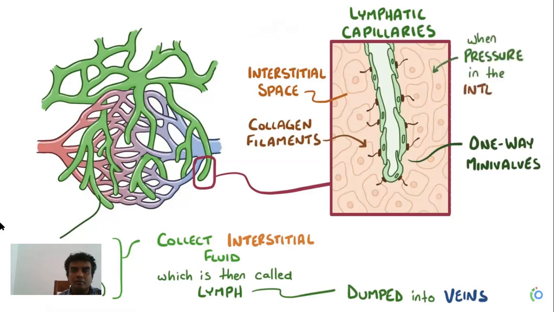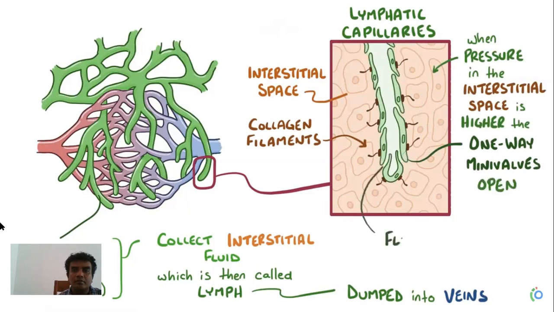When the pressure in the interstitial space is greater than the pressure in the lymphatic capillary, the endothelial mini valves open up, allowing fluid to get in. When the pressure in the interstitial space is less than the pressure in the lymphatic capillary, the endothelial mini valves are pushed shut, which keeps the lymph inside.